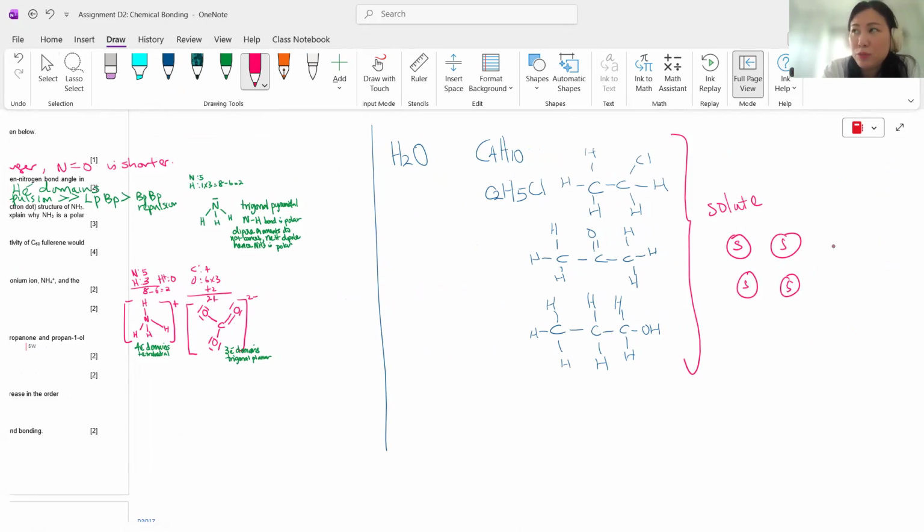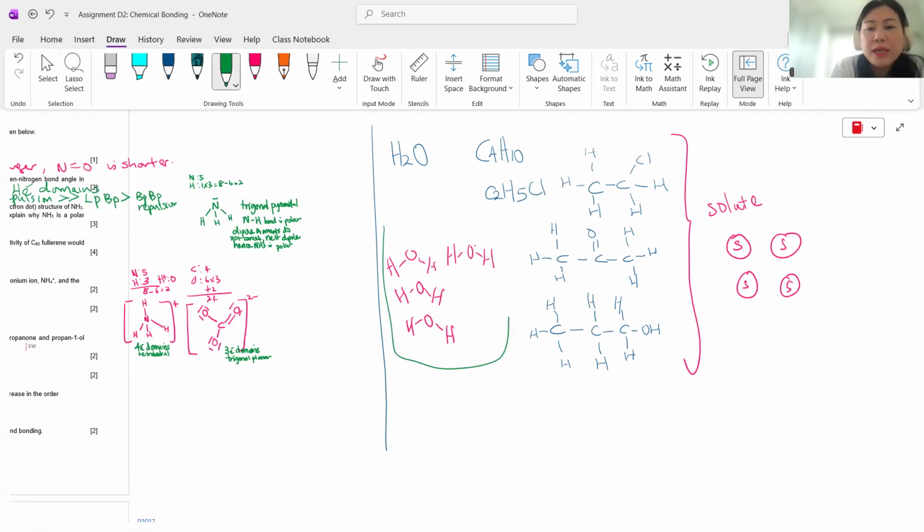Remember about solubility, it's about mixing. So this is my water. Remember the demonstration in class, right? So if they do not mix, they will stay water, one chunk, solute, one chunk, right?